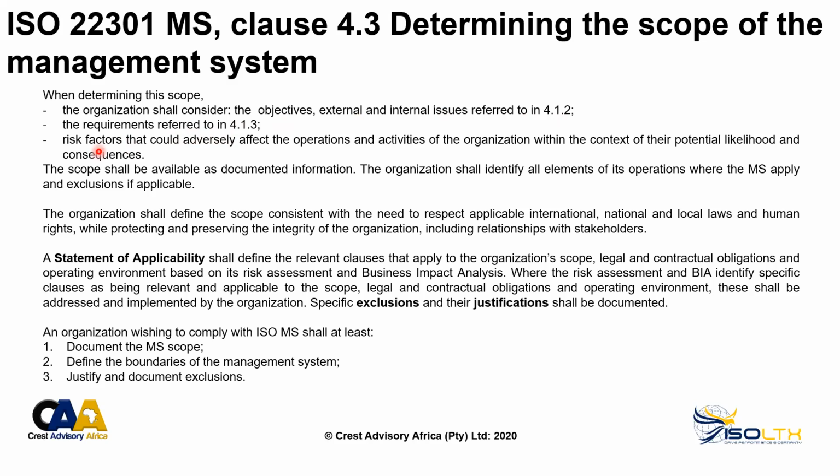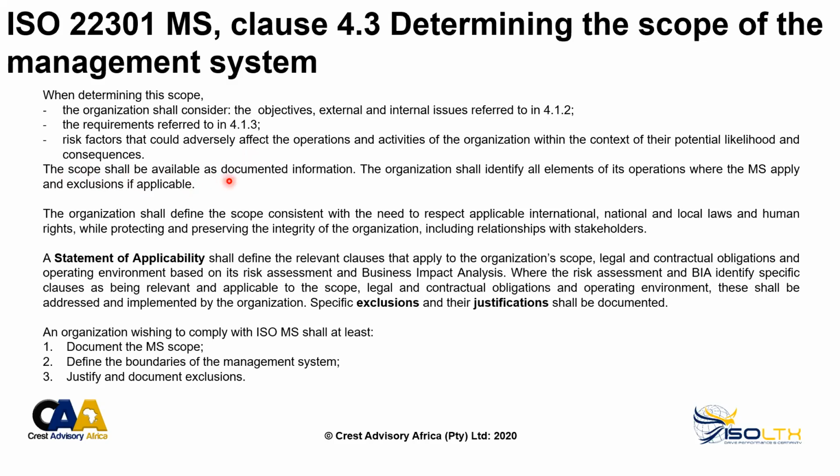This is back again to risk management, because the 2019 version is a risk-based methodology on business continuity. Without understanding the risk in your environment, you are going to fail. So the risk factors that could adversely affect the operations and activities of the organization, within the context of their potential likelihood and consequences.